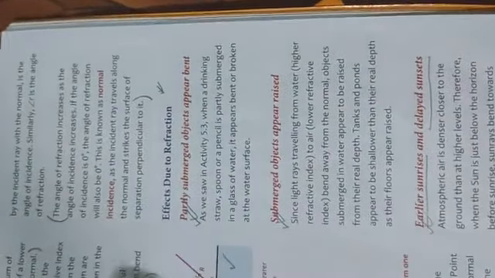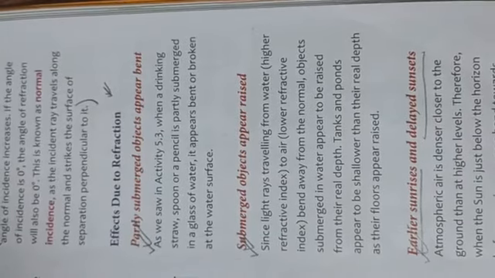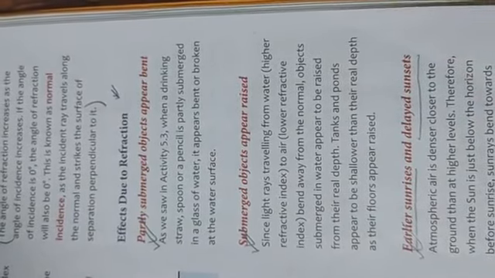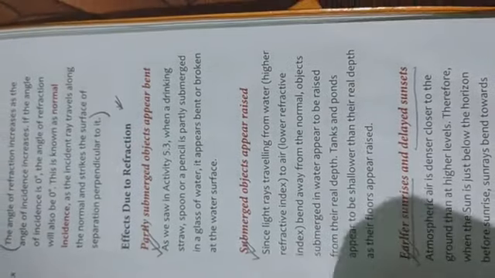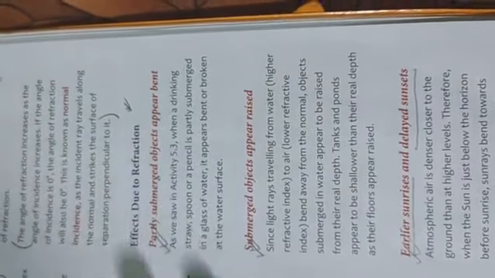Okay. So now, what are the various effects due to the refraction? First of all, I've already told you that when a drinking straw or a spoon or a pencil is half submerged in a glass of water, then it appears short or bent or maybe broken at the water surface. Next is when any submerged object appears higher, it appears to what?